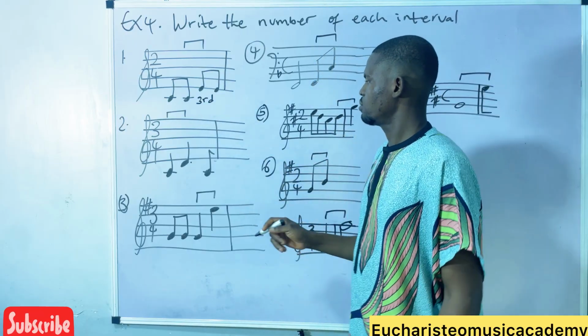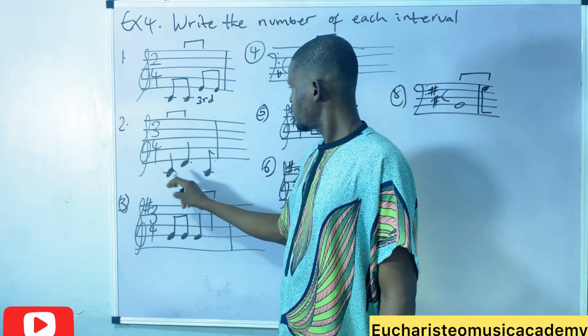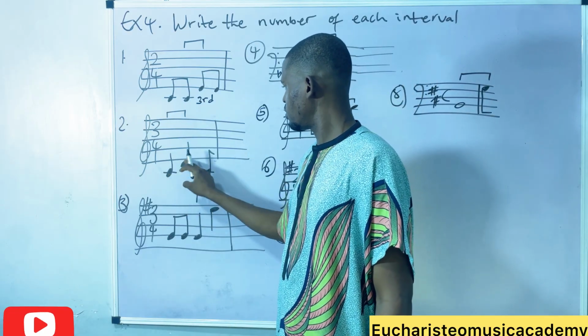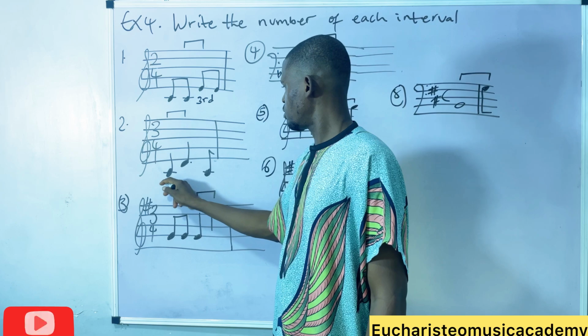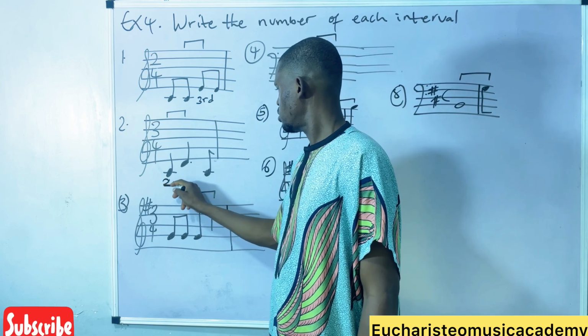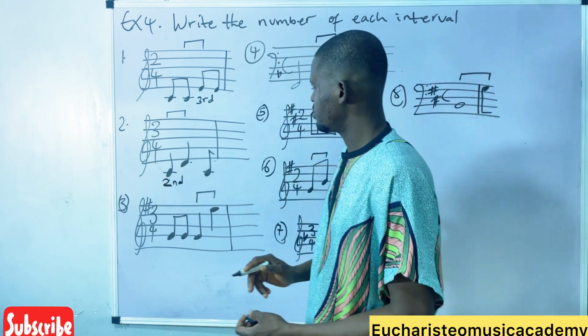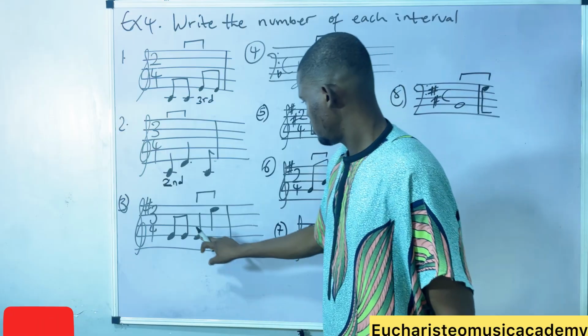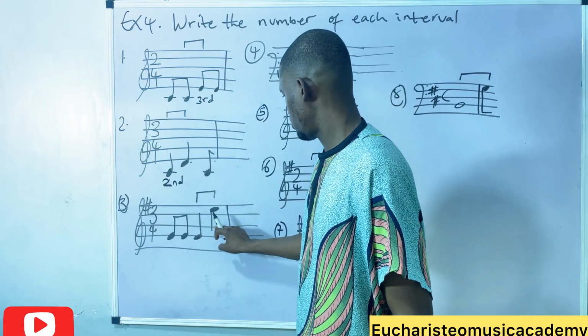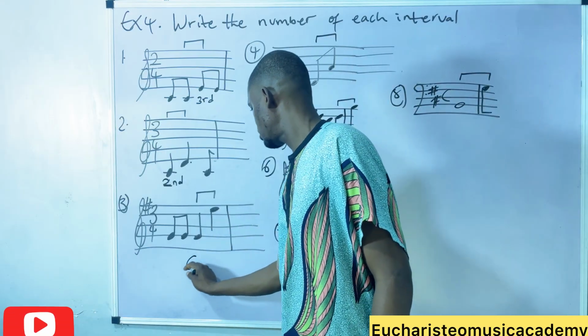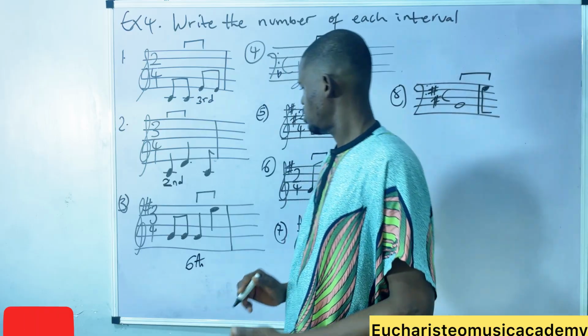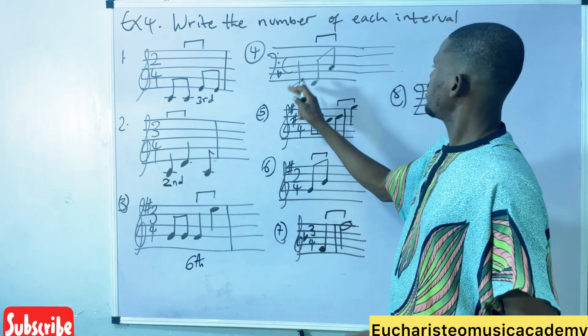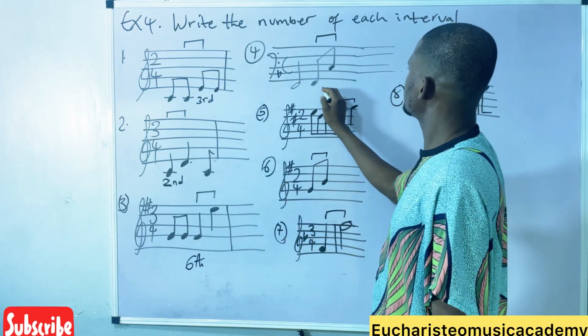Third. Here, from here to here, the distance between here to here. 1, 2, second. Second. Over this, from here to here. 1, 2, 3, 4, 5, 6. Sixth. What about this, from here to here? This should be a fifth.